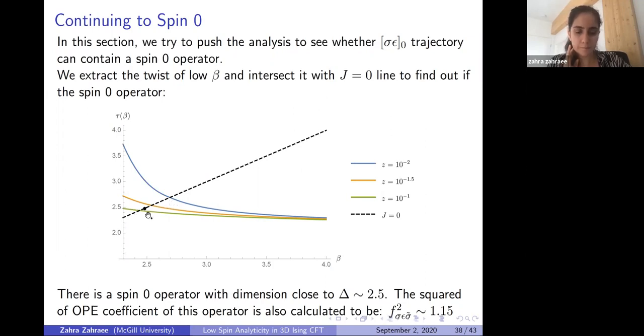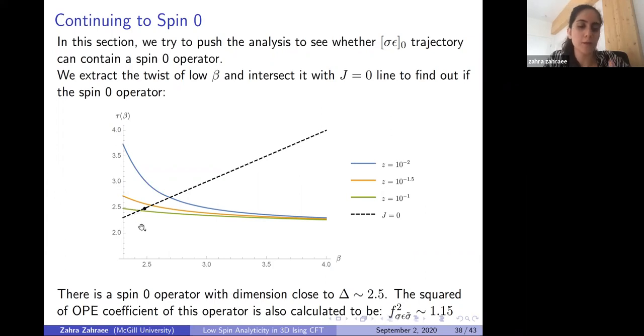However, what we would be interested in is that spin 0 operator being the shadow of sigma, because it's the operator that we know exists and it has the right dimension to be. Shadow sigma is this black dot here. We see that, again, it's close to being on the curves we get for tau beta.